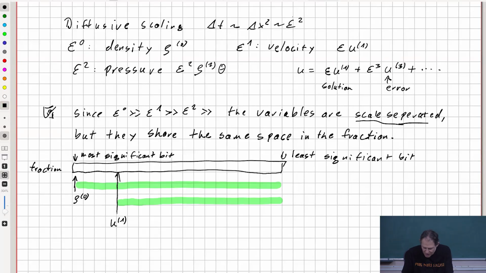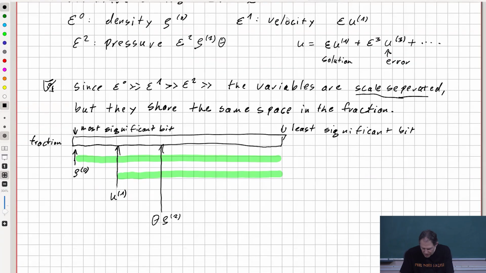Then, after this, we have something that's even smaller, namely theta times rho 2. This would be the pressure, and also we have the stress. The stress is also of second order, yeah? So this kind of information can occupy this amount of memory.